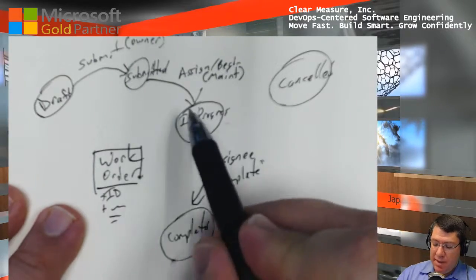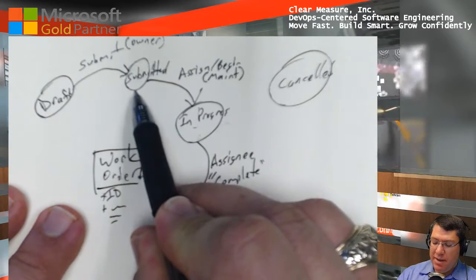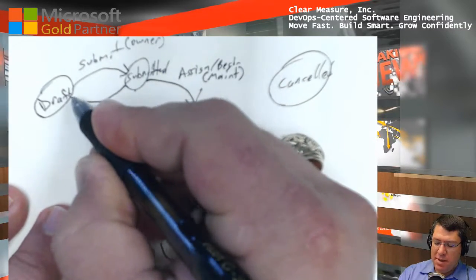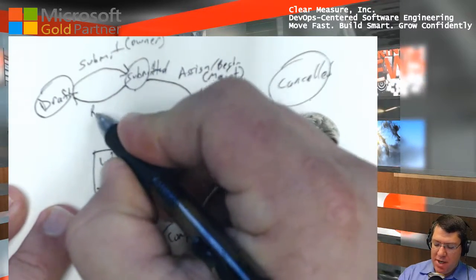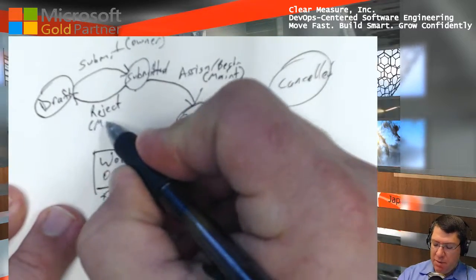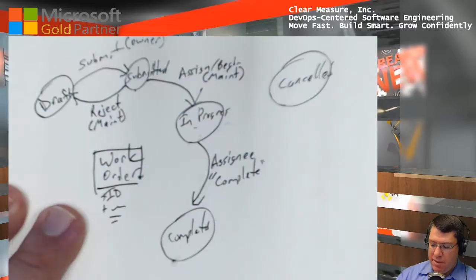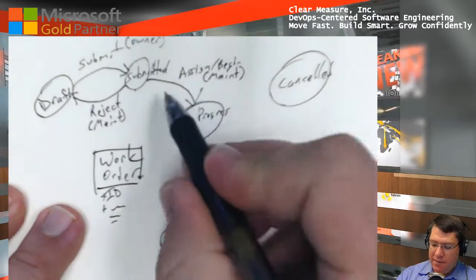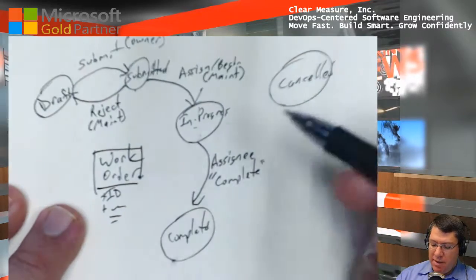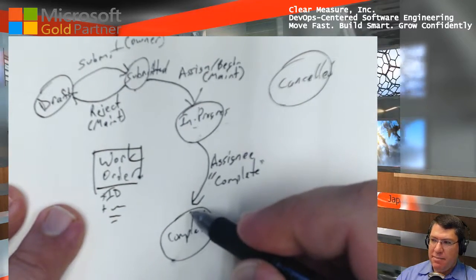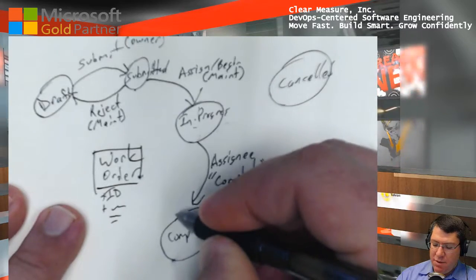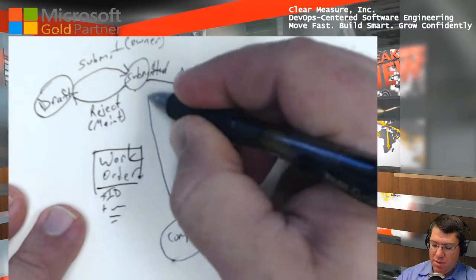Now, if something is submitted and there's not enough information, the maintenance department may need to reject this. And again, maybe only the maintenance department can reject it. And if it's been started, or if it's been completed, but then you don't think that it's actually completed, then you may choose to resubmit.